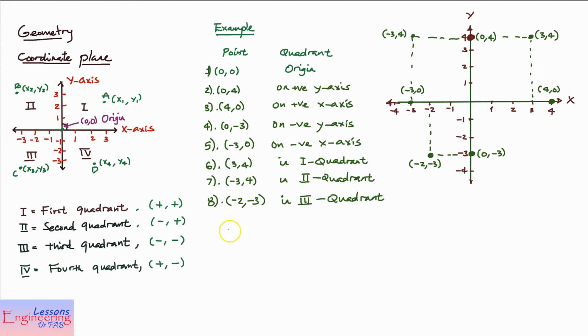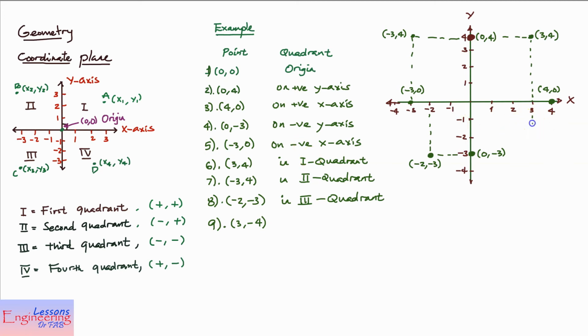Okay, so example 9, let's have (3, -4). The x entry is 3 and the y entry is -4. So x is 3, it's that point here, and y is -4.